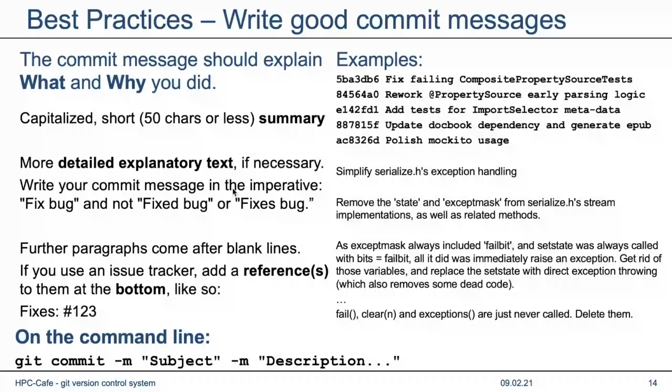The format is you should have a summary in the first line, capitalized and short, and then a more detailed explanatory text if necessary. This "if necessary" is important. So what and why: if your summary describes sufficiently the what and why, then you don't need this. But if you did some more complicated change, then you might want to explain what you did.